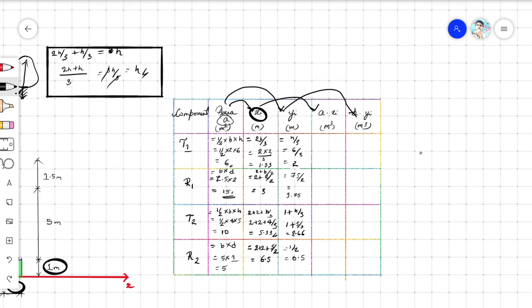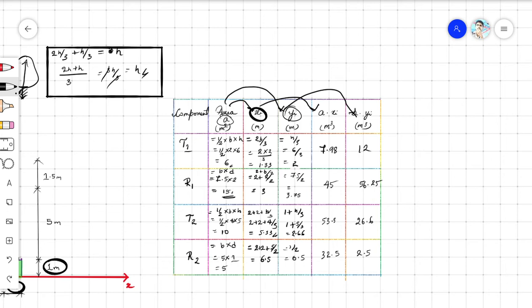If you do this, first I'll write down the direct answers: 7.98, 45, 53.3, 32.5, as well as area into yi, we get this: 12, 56.25, 26.6, as well as 2.5.